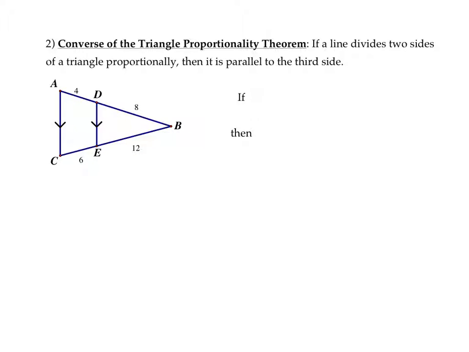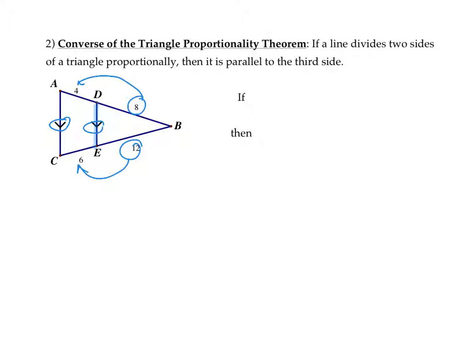Okay, and our second theorem, it's the converse of the triangle proportionality theorem. So we're going to work in reverse with what we just did with our first theorem. And it says, if a line divides two sides of a triangle proportionally, then it is parallel to the third side. So what we want to show is that if this line right here, DE, divides these two sides proportionally, then we can make this conclusion that the lines are parallel.